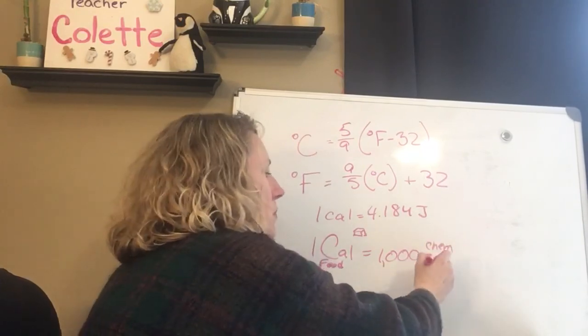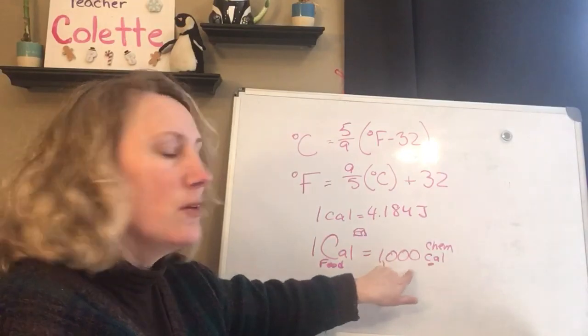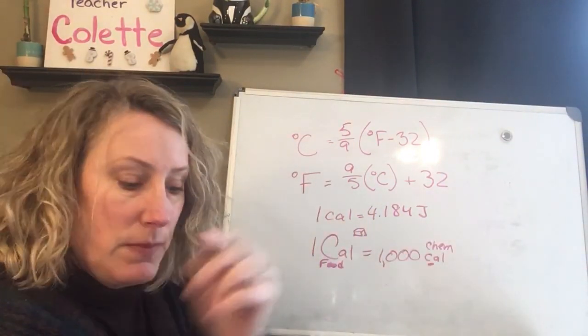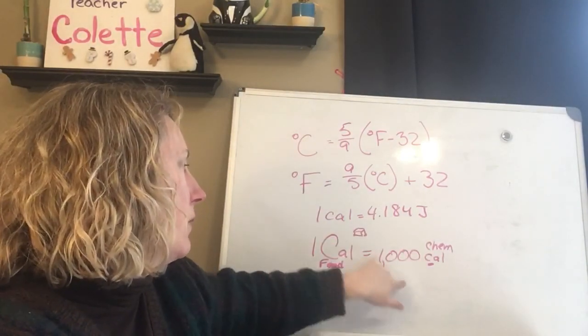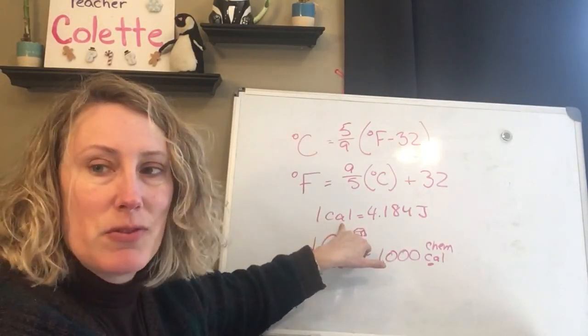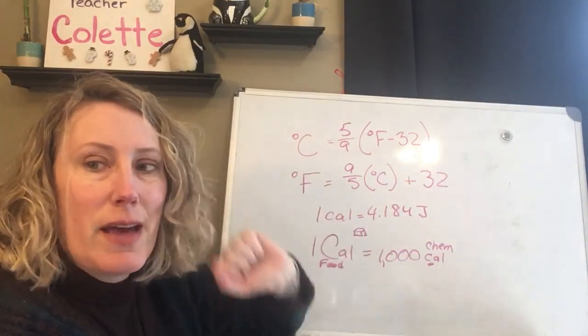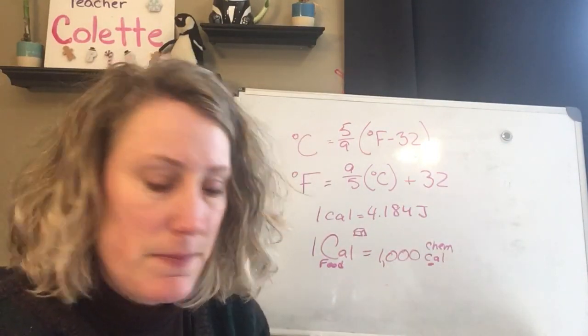So a small c chemistry calorie, there's 1,000 of them in 1 of the Calories that I eat in my food. You might want to know that conversion: when we're measuring calories in chemistry or joules, it's not the same calories that are in the food you eat, even though you talk about calories all the time.